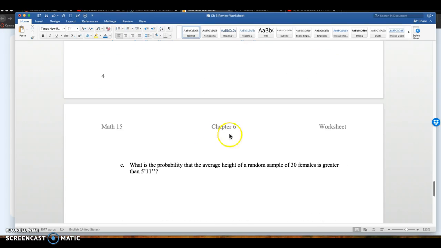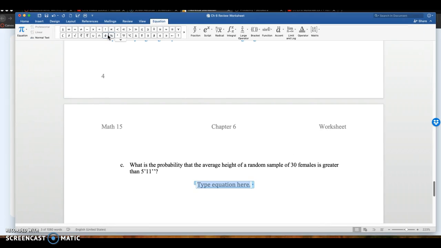So if we move up a level to say, what are the odds of getting 30 with height greater than 5'11"? Again, we have the same idea. The average is still 65, standard deviation is still 3.5. Now the standard error is going to be 3.5 divided by the square root of 30.